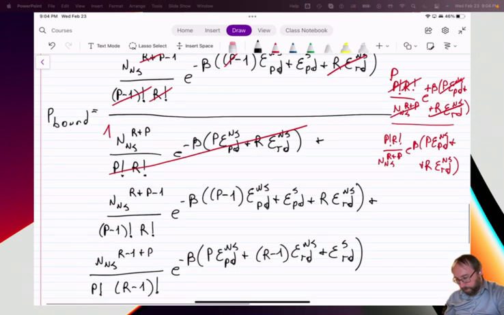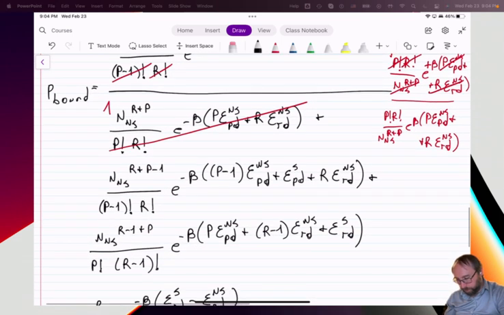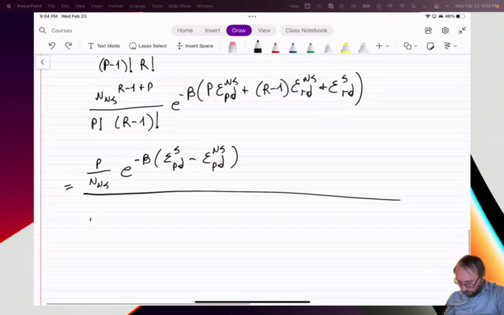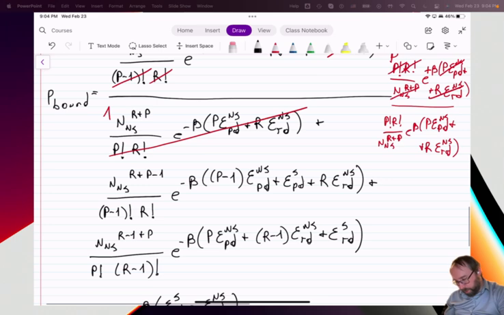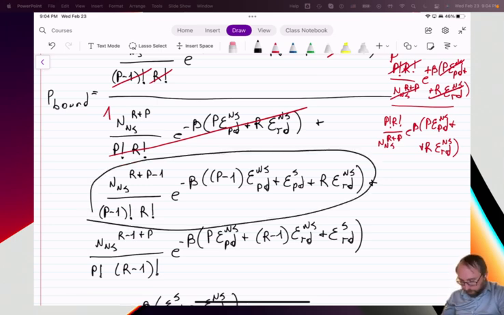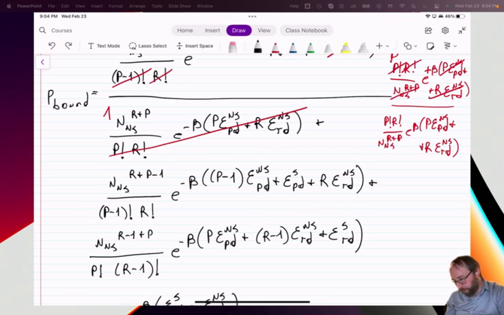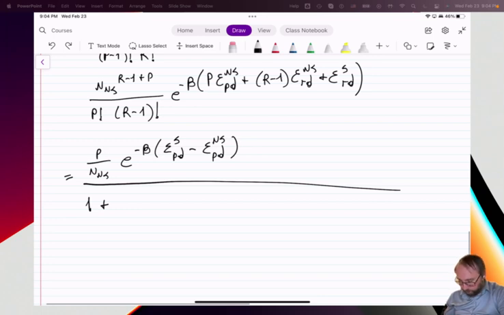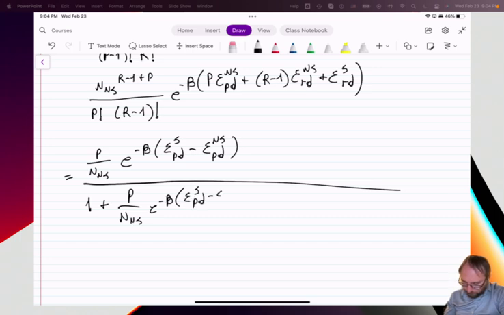I'm going to have the 1 of this term here, right? So 1 plus. Now, this term here is the same as the one we had in the numerator. So it's going to be p over NNS e to the minus beta epsilon PD s minus epsilon PD NS.